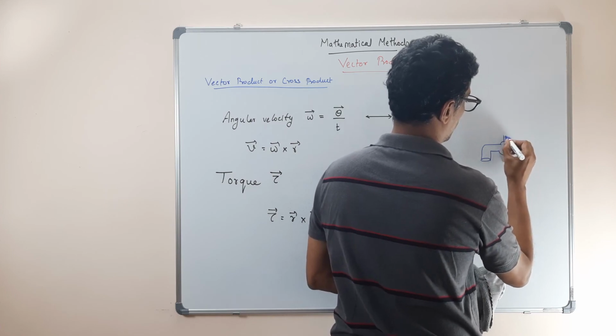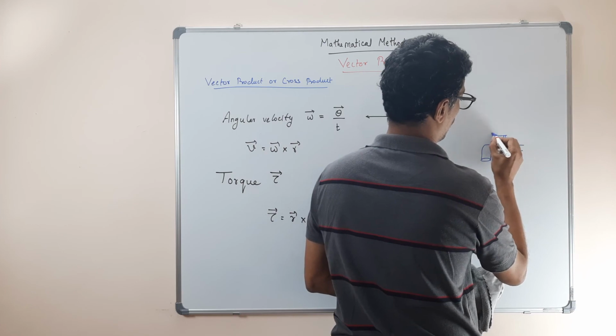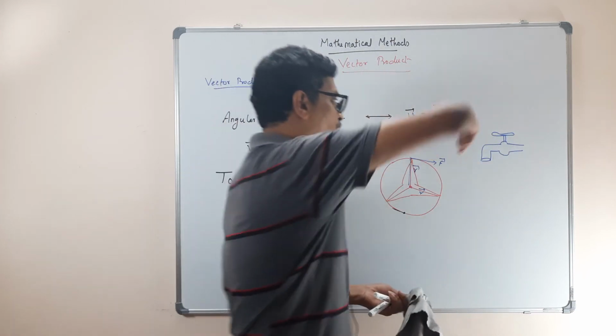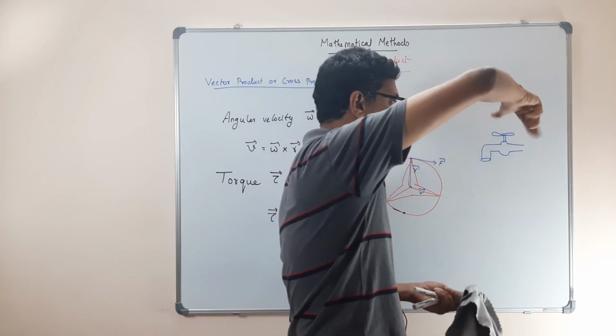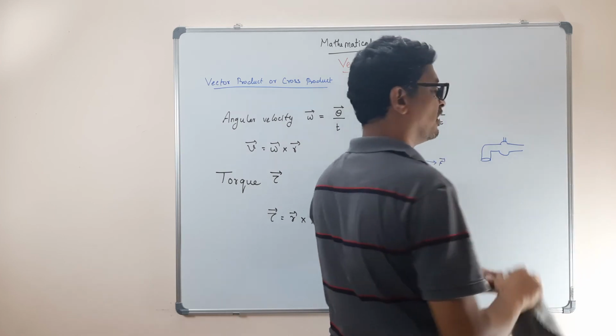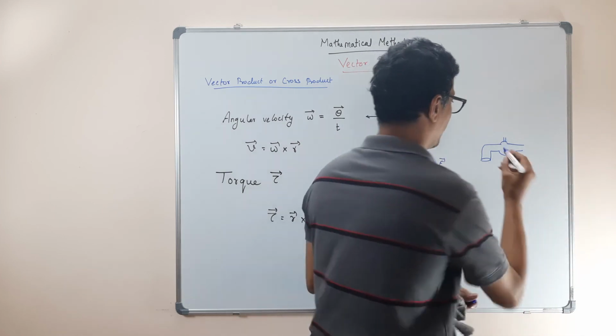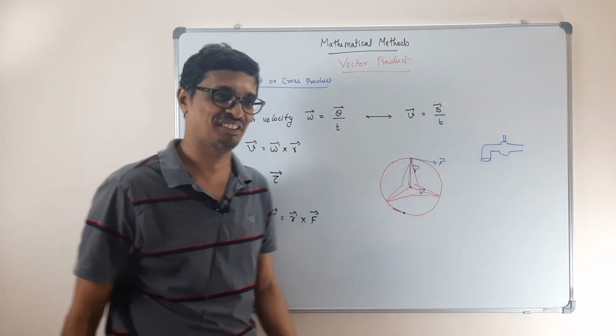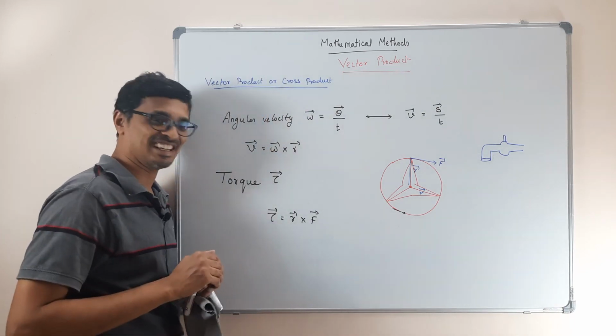If you remember, the olden days water tap will have a knob something like this. Am I right? You open it, water flows, close it. Now I will remove this top portion and ask you to open it. Which is easier?